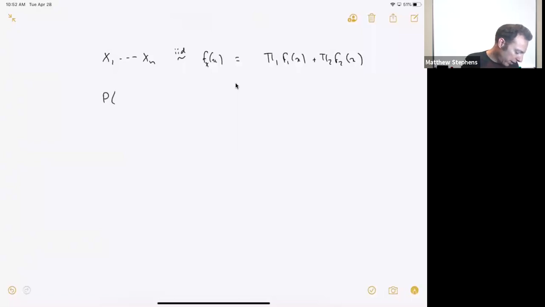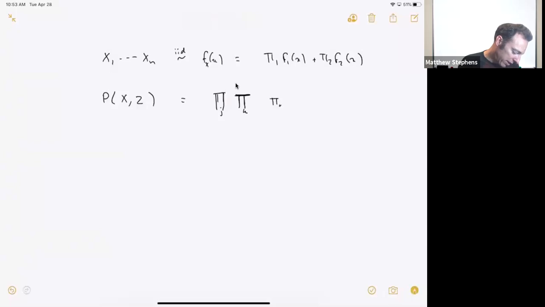I wrote it wrongly last time, but we can write down the complete data likelihood as the product over j and the product over k of pi k f k of x j to the power z j k. Sorry about the notation, I usually use pi for the mixture proportions, but these are products here.